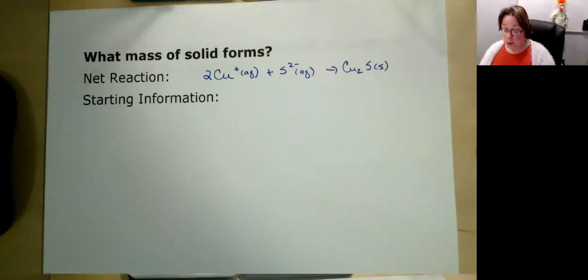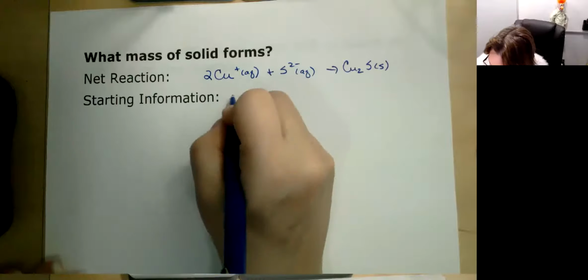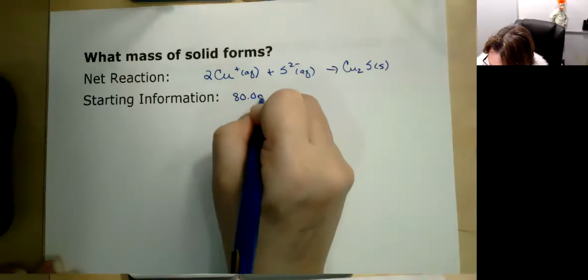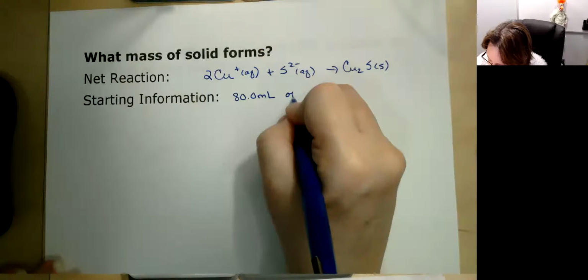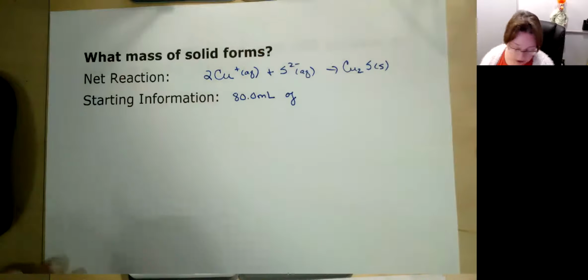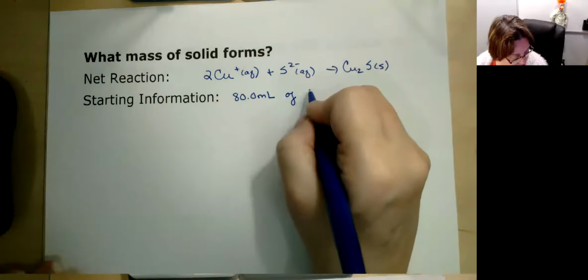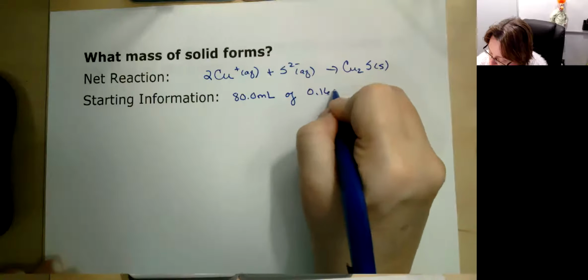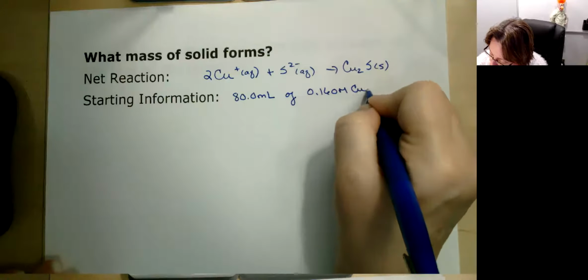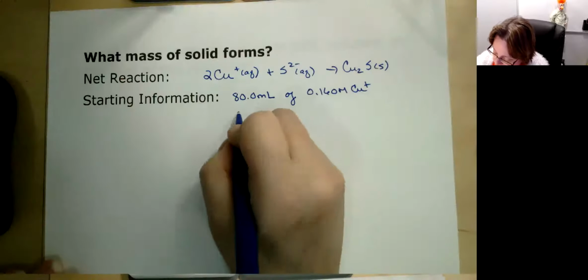Okay, and we know that we have 80 milliliters of 0.160 moles per liter copper ion.